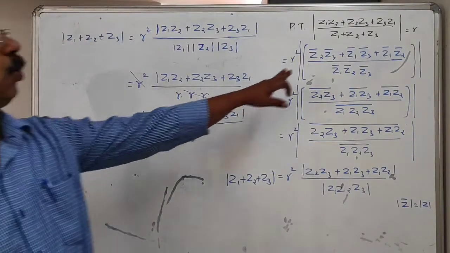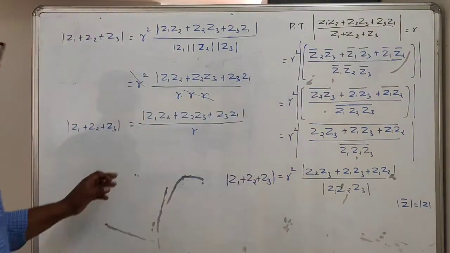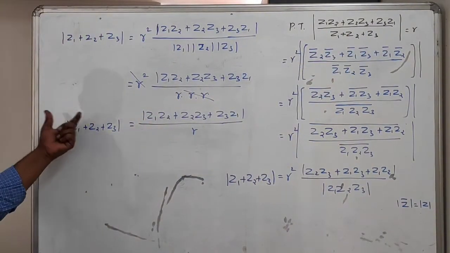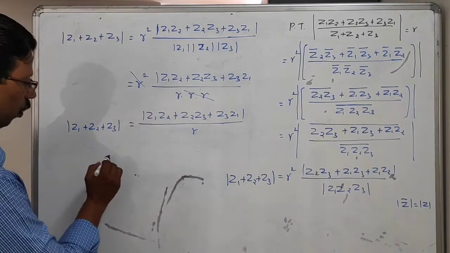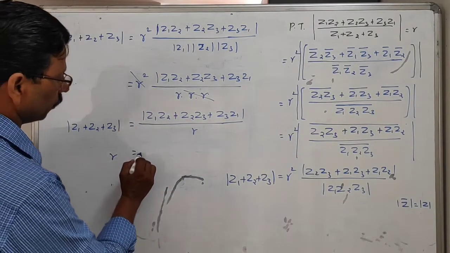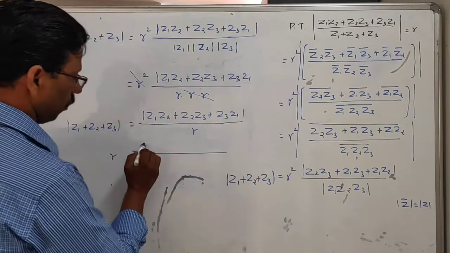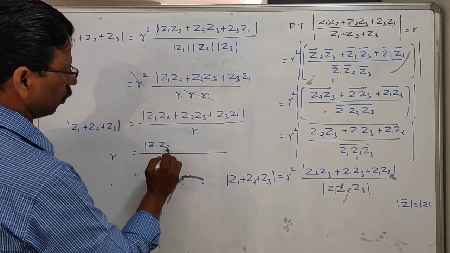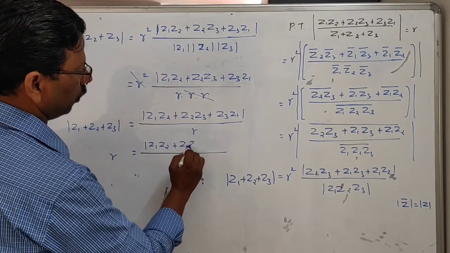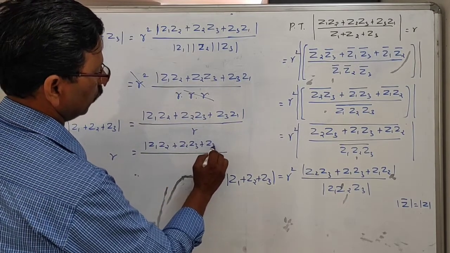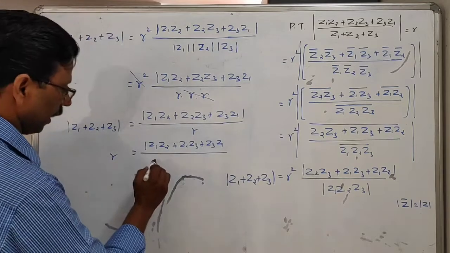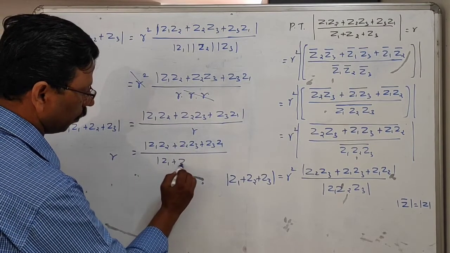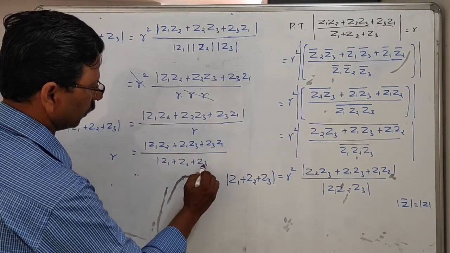But we need to prove what this equal to R means. You bring this R to the left hand side and this you can take to the right hand side. Therefore, R is equal to modulus of Z1 Z2 plus Z2 Z3 plus Z3 Z1 by modulus of Z1 plus Z2 plus Z3.